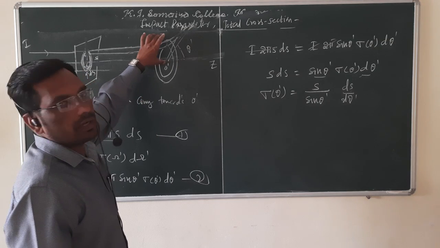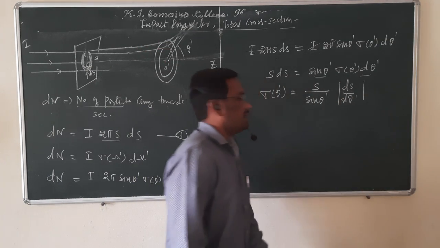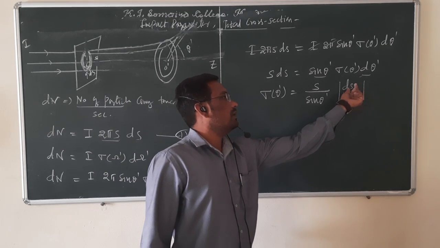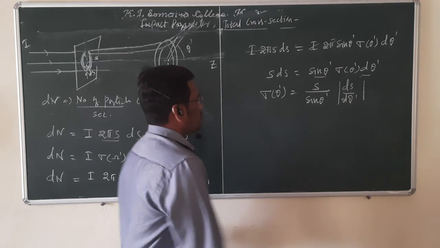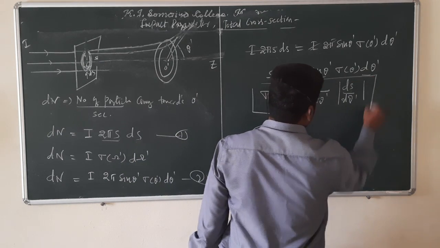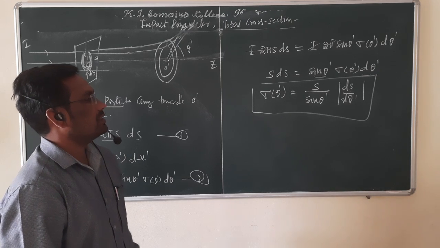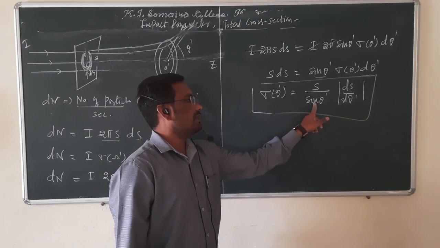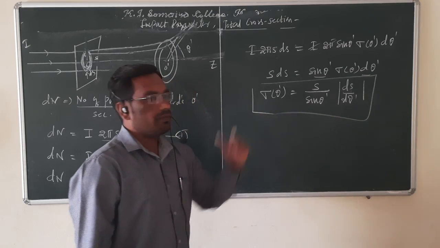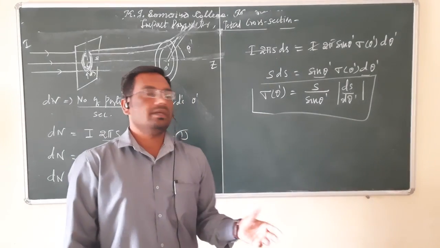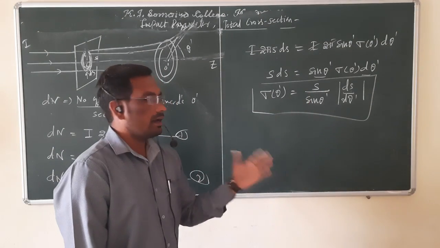As I told you earlier, that's why we have to take the mod of ds by d theta dash, because this term is negative. This is the differentiation of s with respect to theta dash. So this is another relation for the differential cross section: sigma theta dash is equal to s divided by sine theta dash times ds upon d theta dash. So the differential cross section is given in terms of the impact parameter.